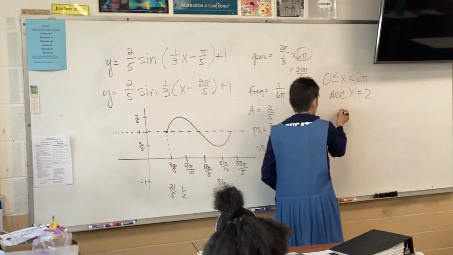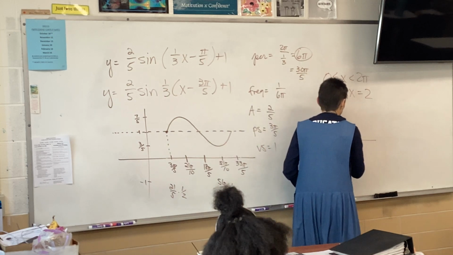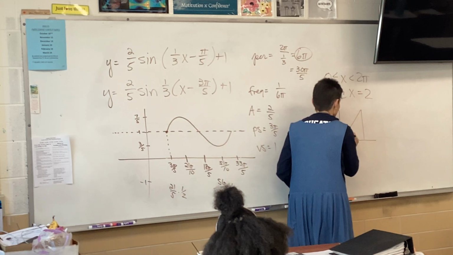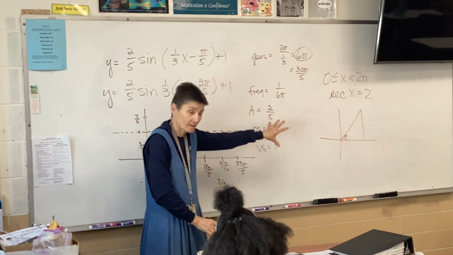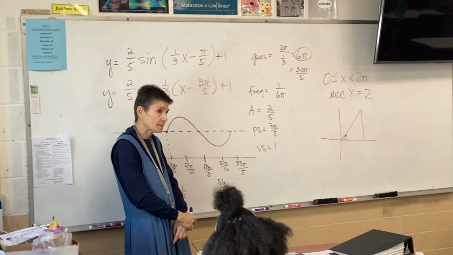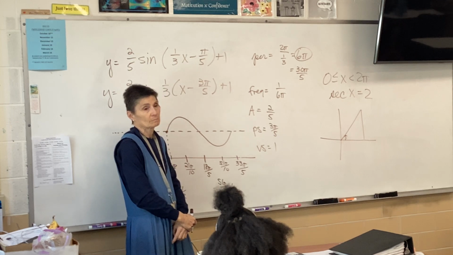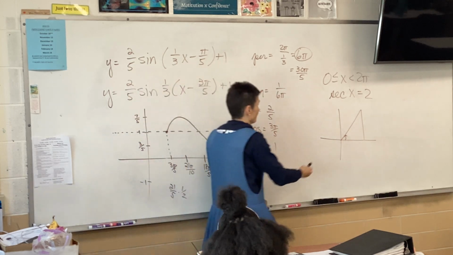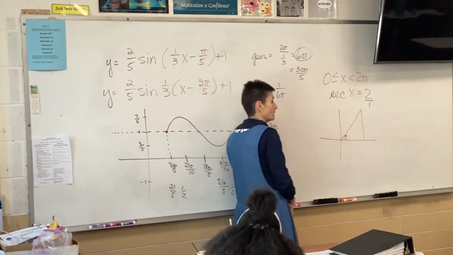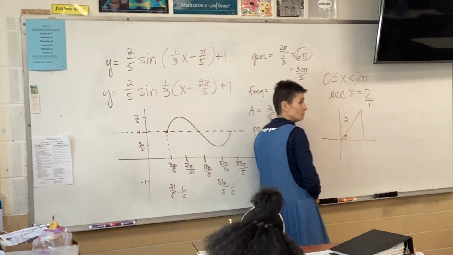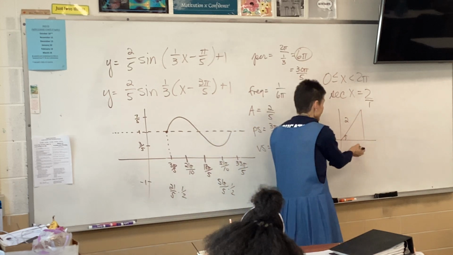I want you to think about that for a second. Here's the angle right here. What would that angle look like? I mean, what would that triangle look like if the secant is 2? Hypotenuse is 2, and adjacent is 1.